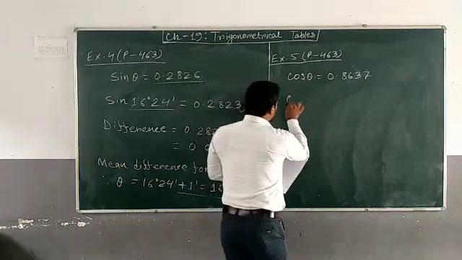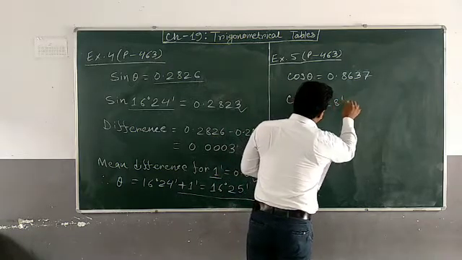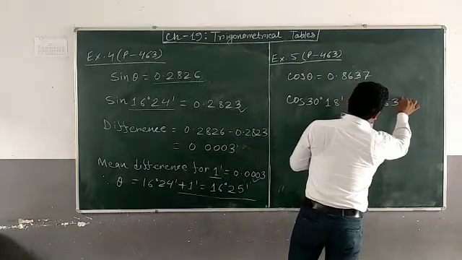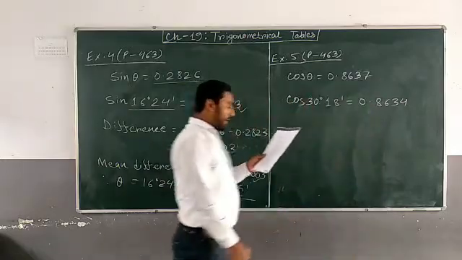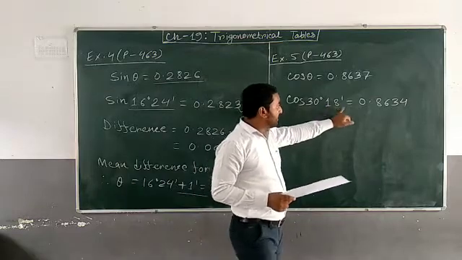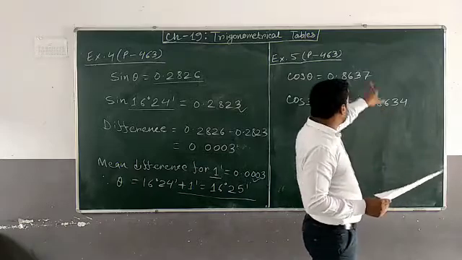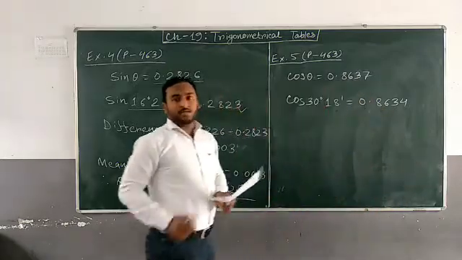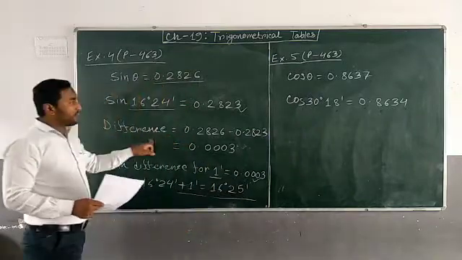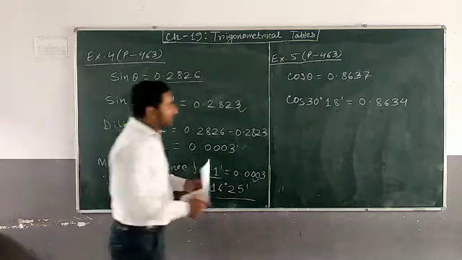So cos 30 degree 18 minutes equals 0.8634, which is the nearest preceding value of 0.8637. Now we have to find the difference, because we have taken the preceding value, not exactly that value.